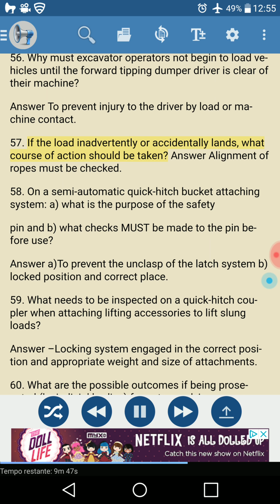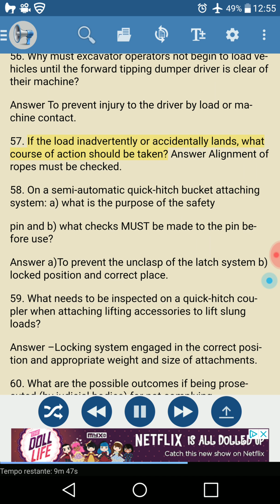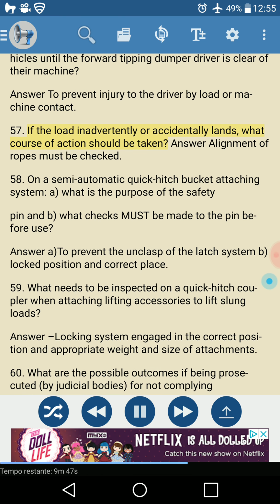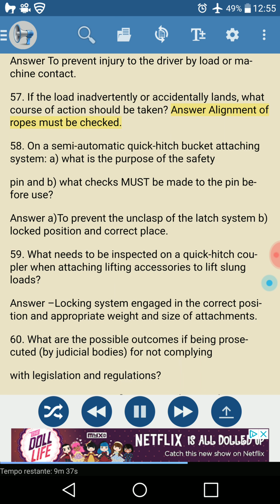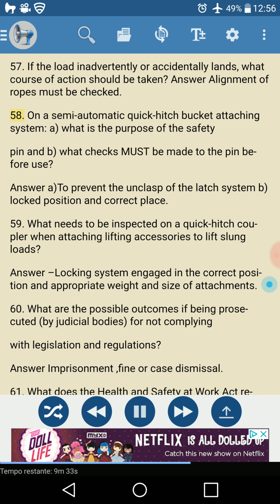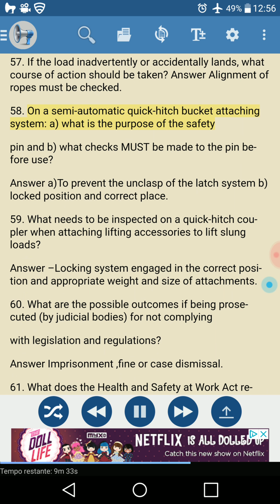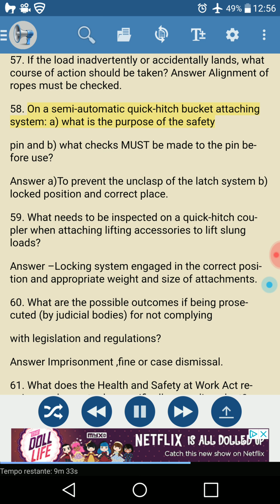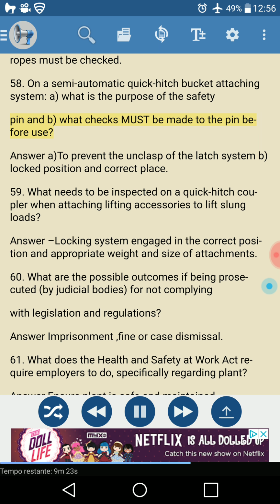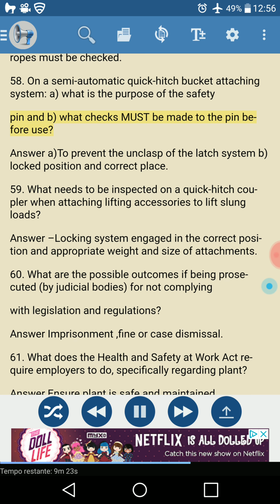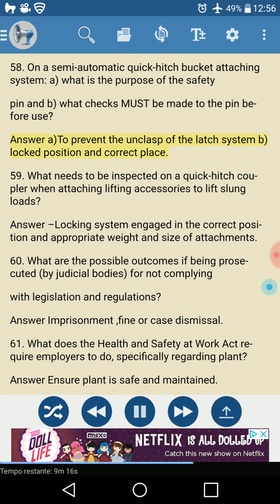57. If the load inadvertently or accidentally lands, what course of action should be taken? Answer: alignment of ropes must be checked. 58. On a semi-automatic quick hitch bucket attaching system, A. What is the purpose of the safety pin, and B. What checks must be made to the pin before use?